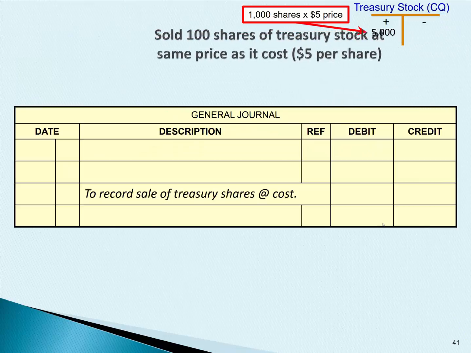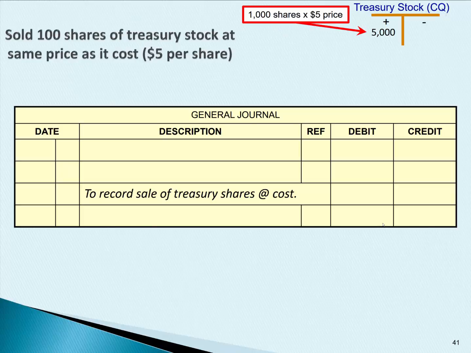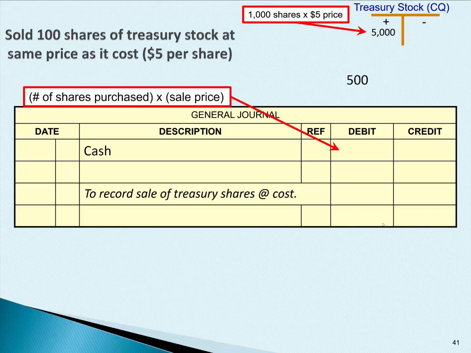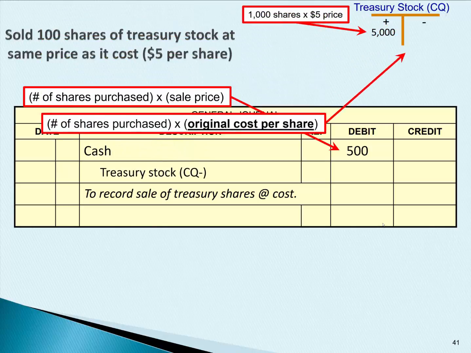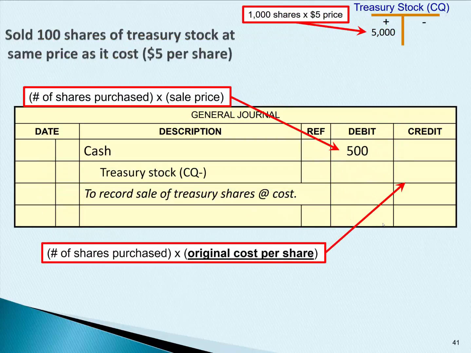Now we're going to sell some treasury stock later on. We sold 100 shares of treasury stock, and we happened to get the exact same price, $5 per share. So cash is going to go up by $500. And our treasury stock account is going to go down by $500.